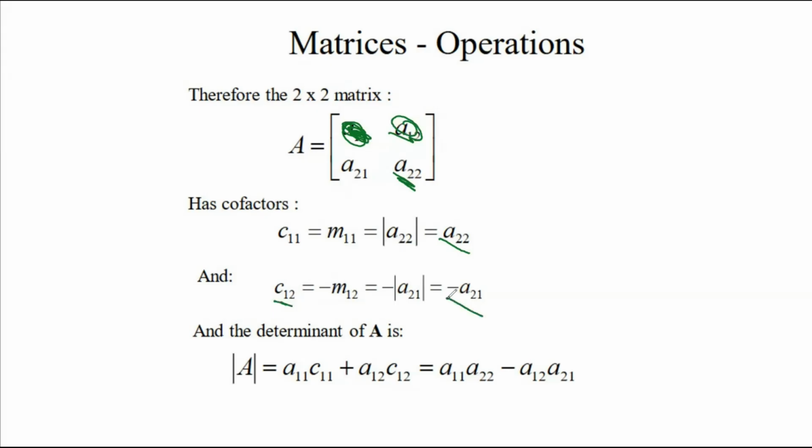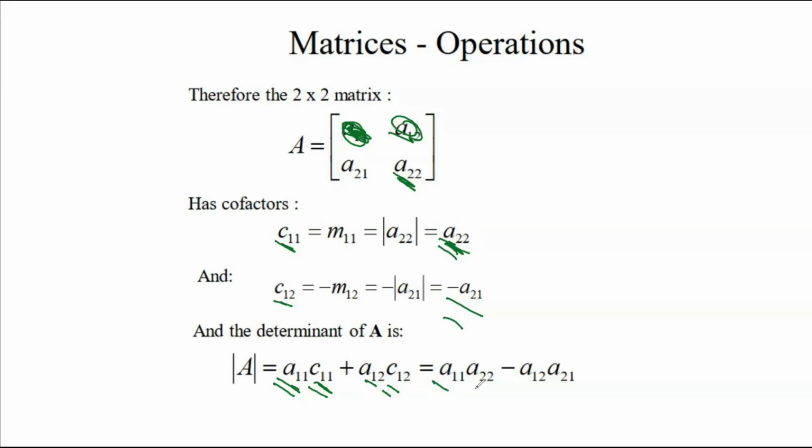That turns out to be that. Minus. So what did I say we do to find the determinant? Take the first term A11 times this here, which is that. So A11 by C11 plus A12 by C12, which turns out to be this and this and this.